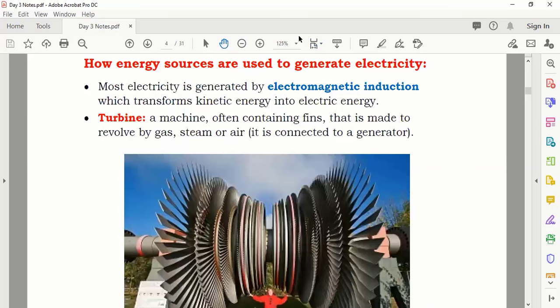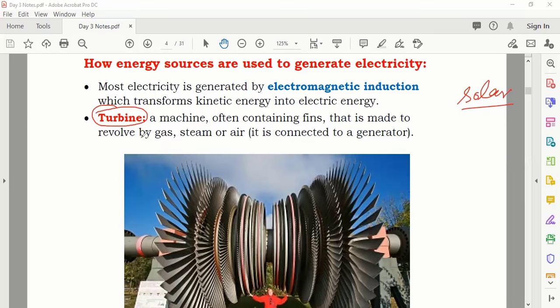Whenever you want to produce electricity, whatever method you use, except the solar system, you need a turbine and you need a generator.